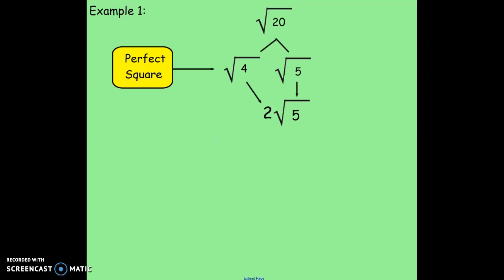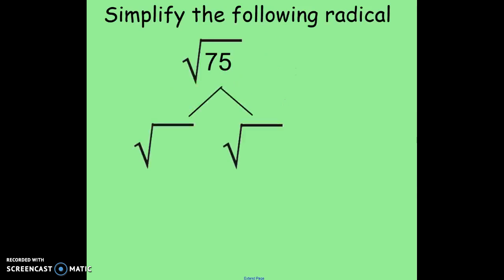Okay, if you look at the bottom examples that are actually written on your paper. So the square root of 20 is 4 and 5. And then the square root of 48 would be 16 times 3, okay? What we did was we actually took the square root of 16, which was 4, and that came on the outside. The hardest thing is going to be determining if there is a perfect square that can be divided out.